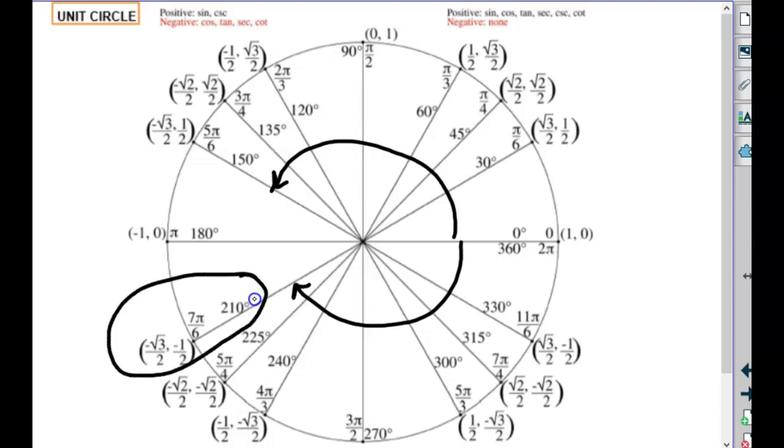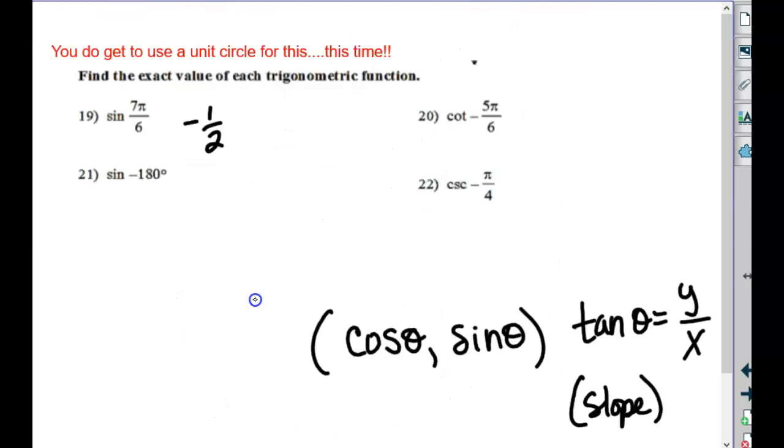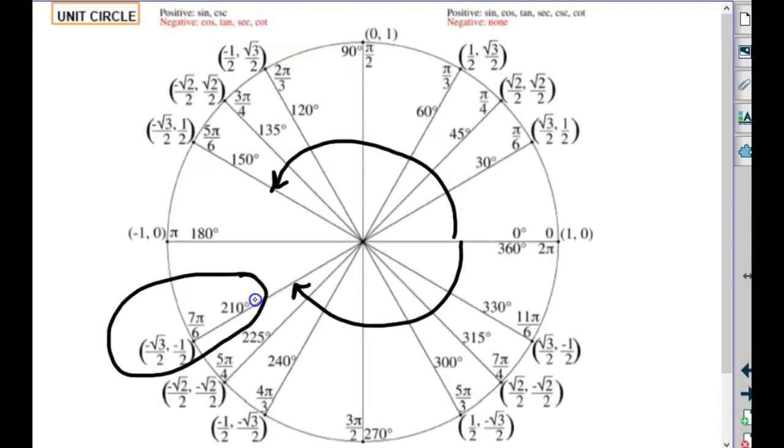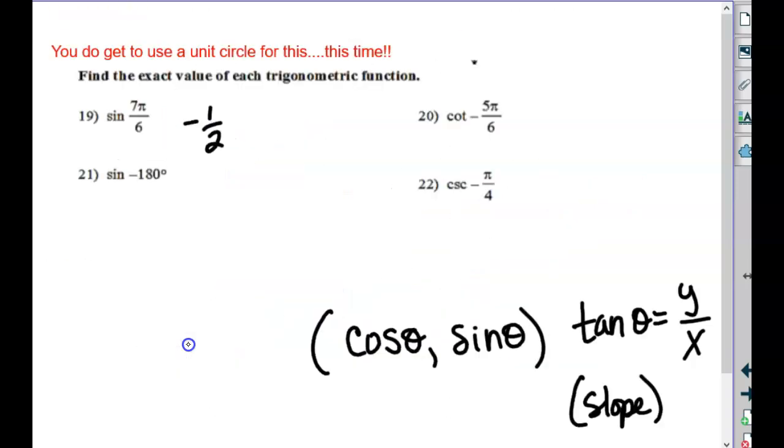Everybody get what I'm saying with the symmetry? And then it wants the cotangent, which is x over y. So it's negative square root of 3 over negative 1. Because we talked about that the denominators will always go away, right? Positive square root of 3, yep.